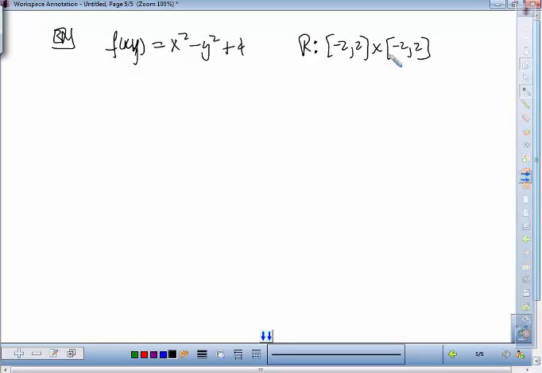When you read something like this, you should imagine that this is your x limits and your y limits, and it's going to be a rectangular region. Or in this case, since it has equal sides of 4, we know it's a square.